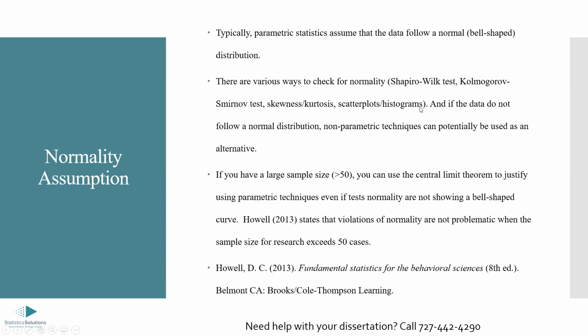It's not following a bell-shaped curve. That isn't heavily problematic when you have a large sample size. I provided a citation here. Howell 2013 states that violations of normality are not problematic when the sample size for the research exceeds 50 cases. Here we have the reference.